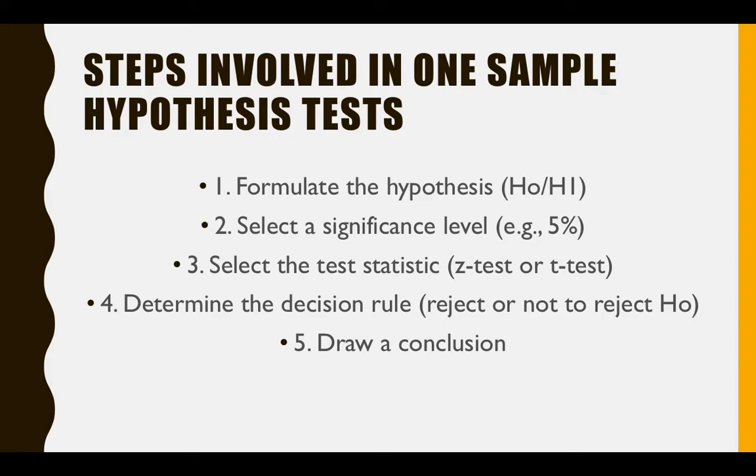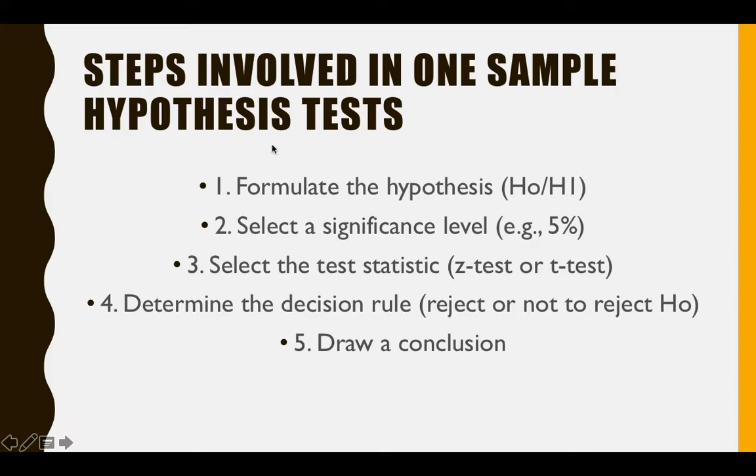Steps involved in one sample hypothesis test. There are 5 standard steps that you have to make clear when you are doing one sample hypothesis test. The first step is you need to write down the hypothesis.